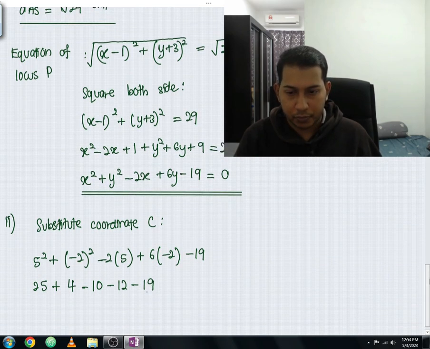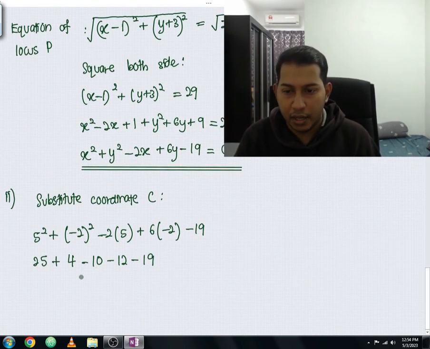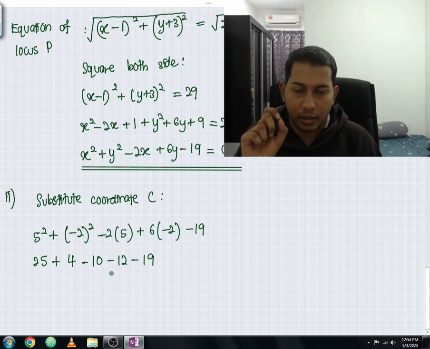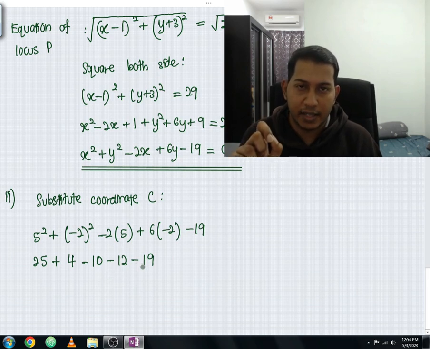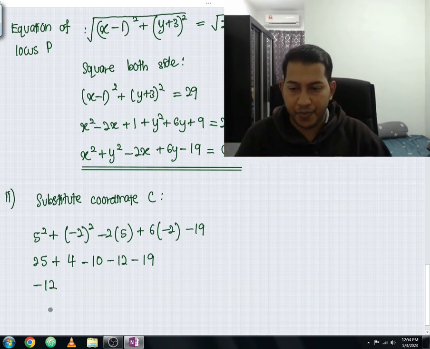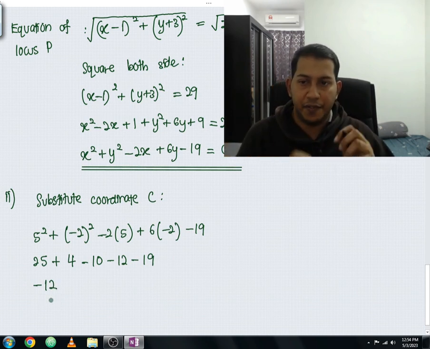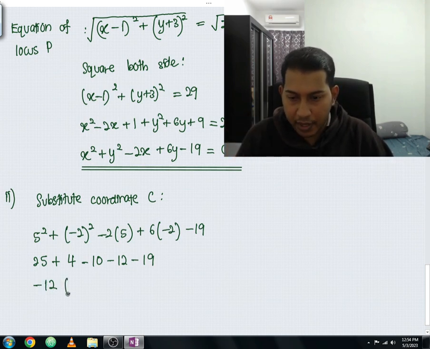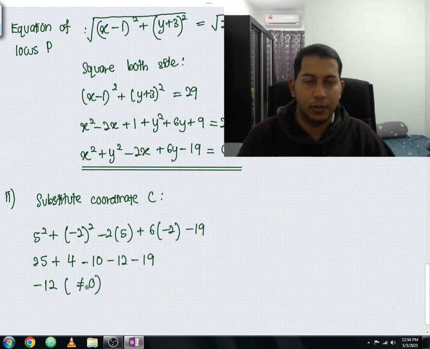So from here, 25 plus 4 is 29. 29 minus 10 you get 19. 19 minus 12 you get 7. 7 minus 19 you should get negative 12. By right, if coordinate C passes through locus P, you should get exactly 0, but here you have negative 12, which indicates that it is not equal to 0.